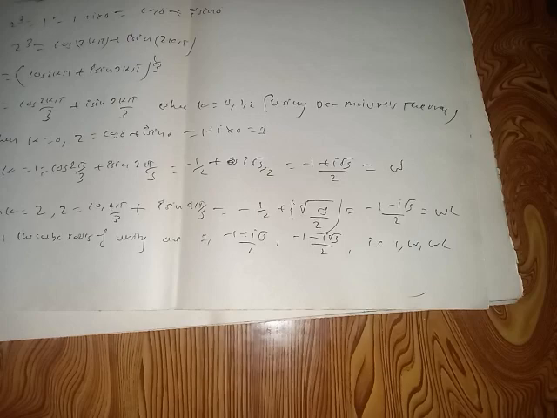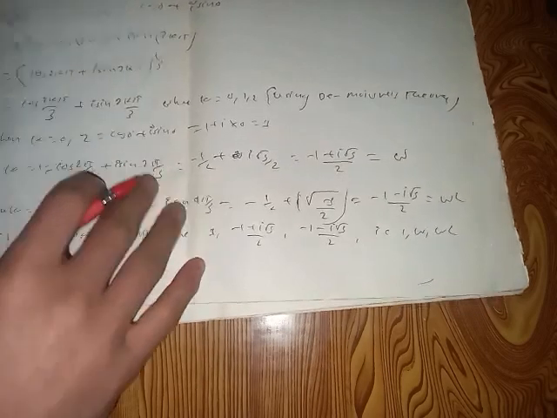Another, when k is equal to 2, then z is equal to cos 4π/3 plus i sin 4π/3.